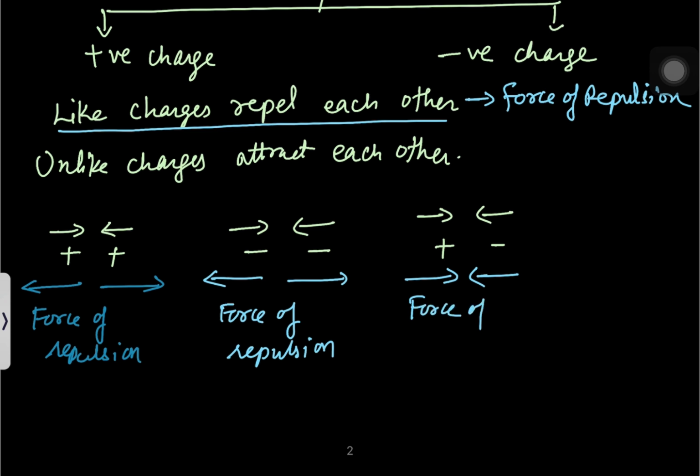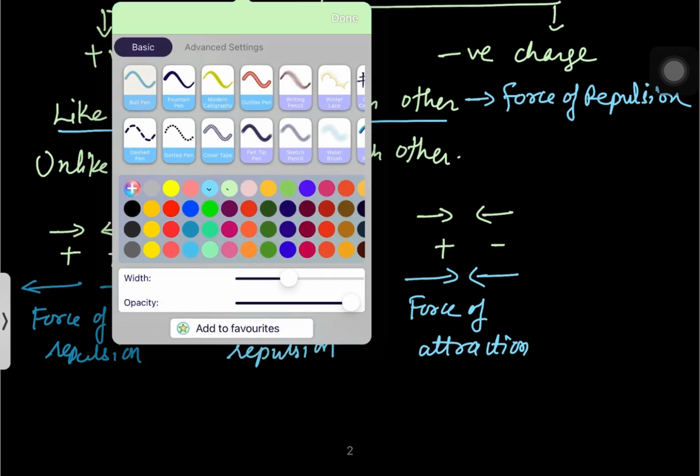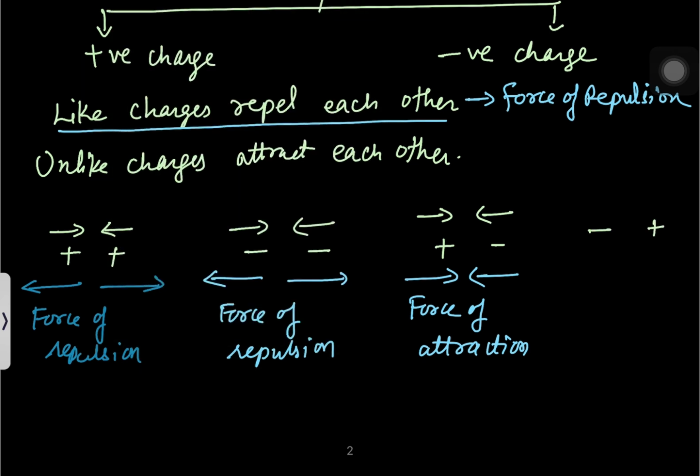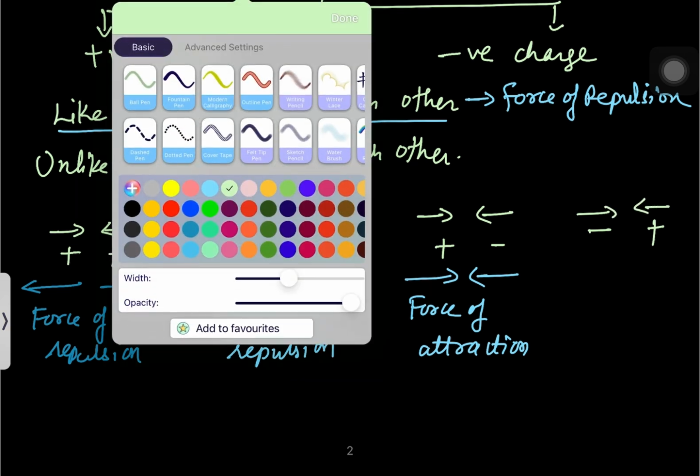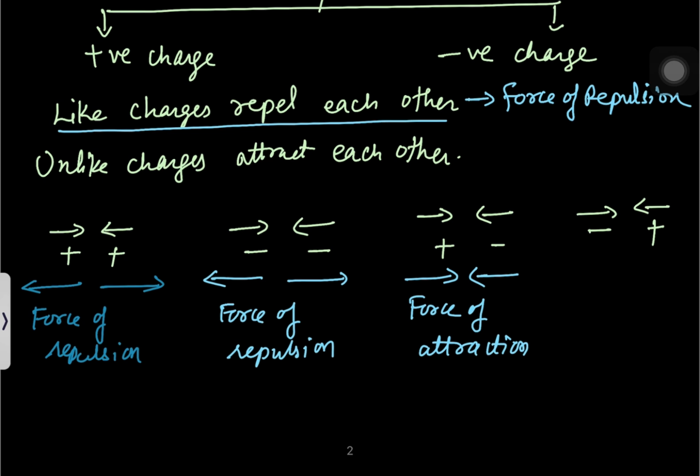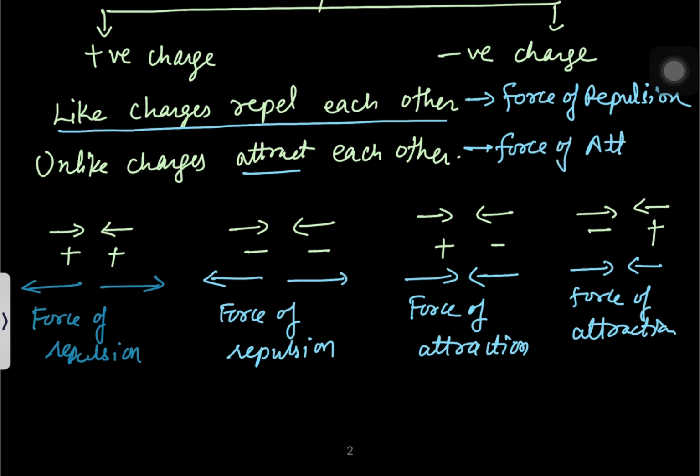There is a force of attraction between the two unlike charges. Similarly अगर मैं minus charge और plus charge को लेता हूं तो same thing happening here. These two are unlike charges, so they will experience the force of attraction. So, unlike charges attract each other, this contributes to force of attraction between the two charges.